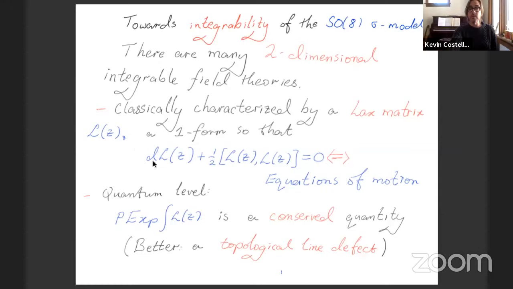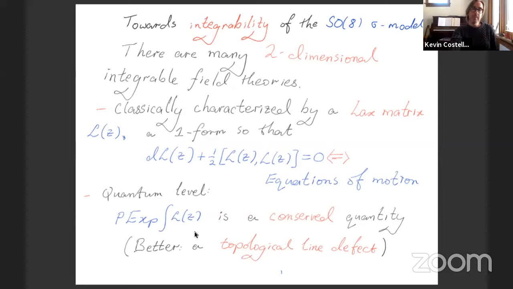This is an operator-valued one-form of the theory, and it satisfies a flatness equation. Classically, the equations of motion are equivalent to this flatness. At the quantum level, it's better not to talk about the Lax matrix, but about its path-ordered exponential along some line. The flatness expression translates at the quantum level into saying that this path-ordered exponential is a conserved quantity.